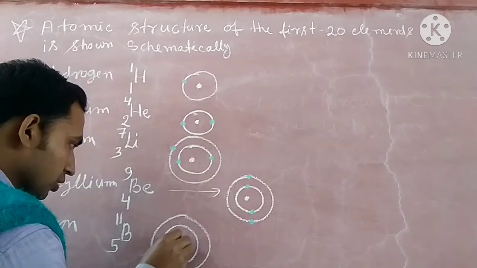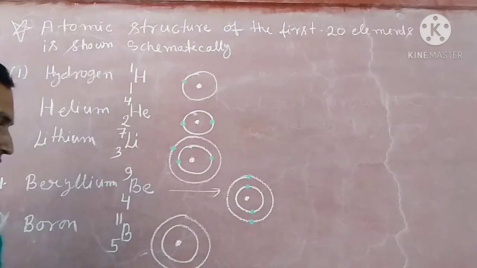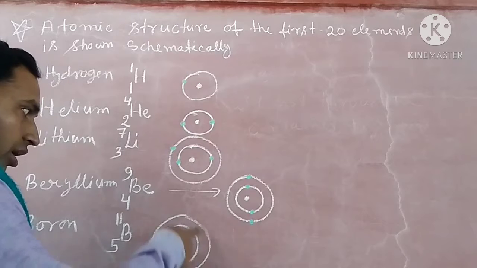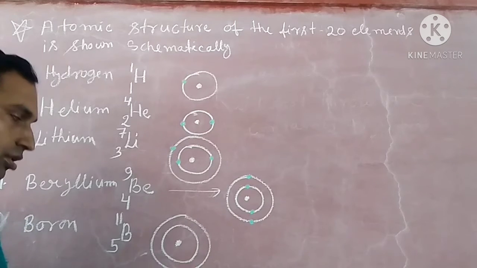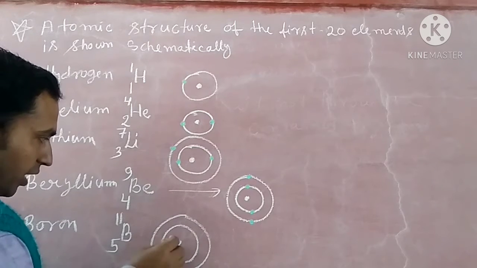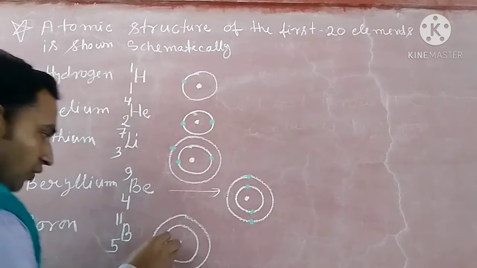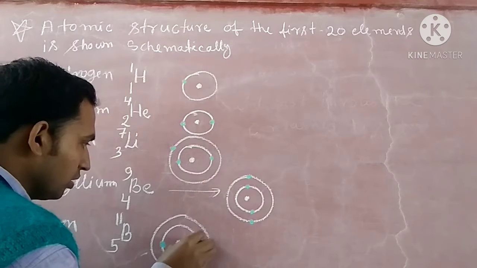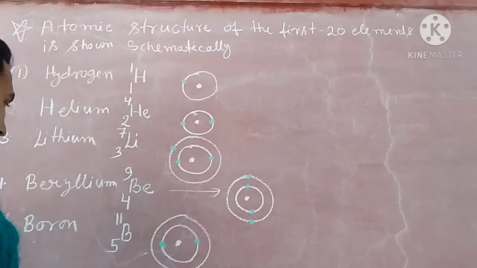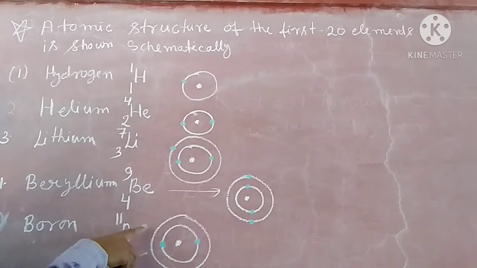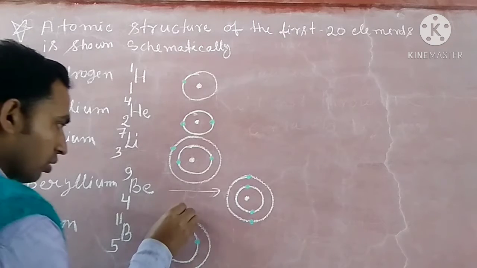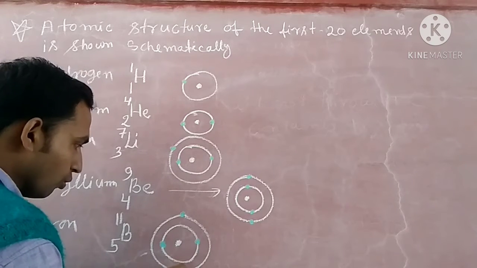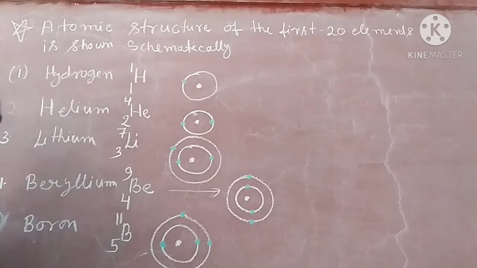And the nucleus is also present. Electrons revolve surrounding the nucleus. Okay, students. The number of electrons in the first cell is only 2. And in the second cell, how many remaining electrons? 3 electrons. You put 1, 2, 3.